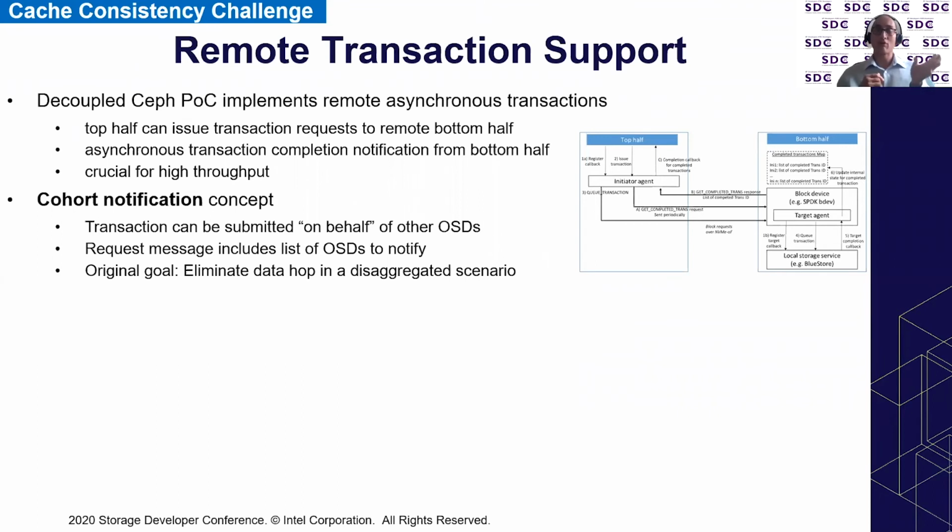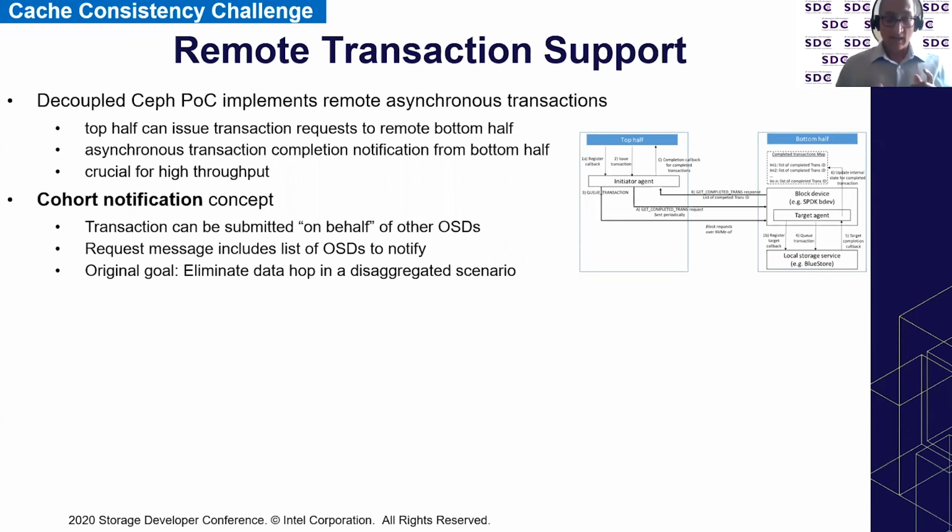The original goal for this, in a disaggregated scenario, was to eliminate the extra data hop that would otherwise be required when a primary OSD which gets a new write has to replicate it on one of the peers. So this cohort notification technique allowed the primary to write directly to a peer's target and indicate that the notification must include the peer OSD.